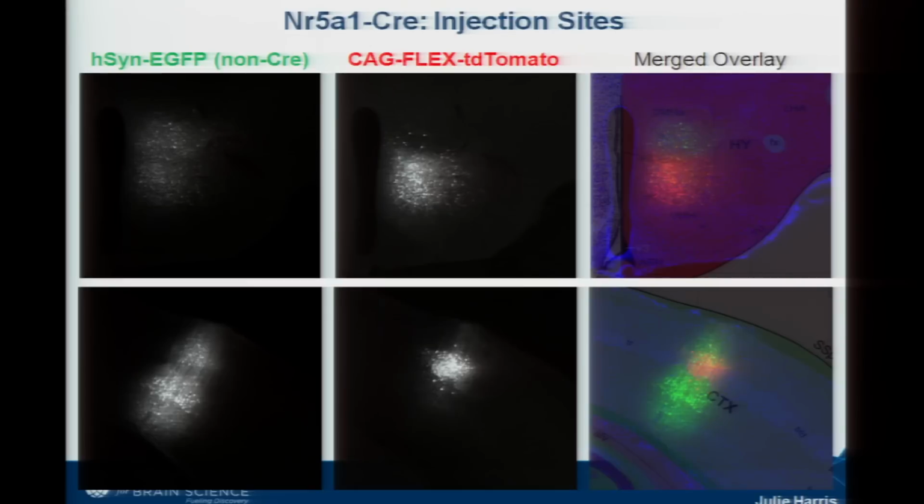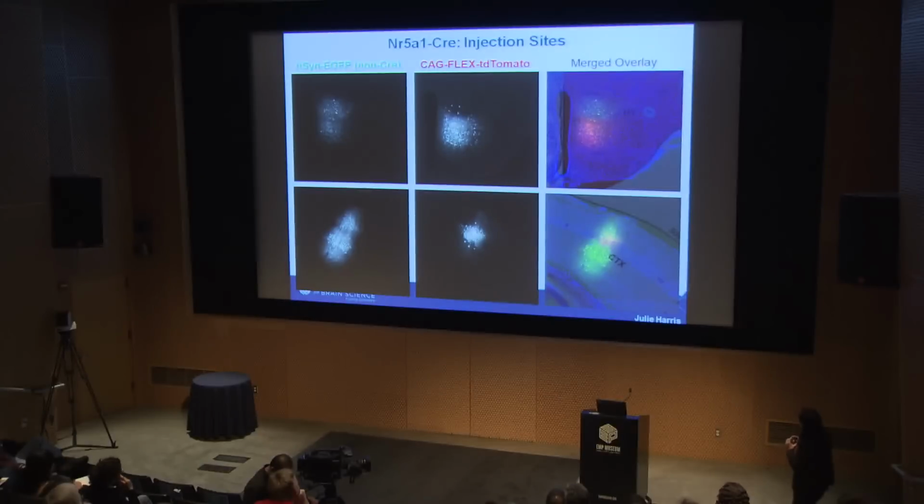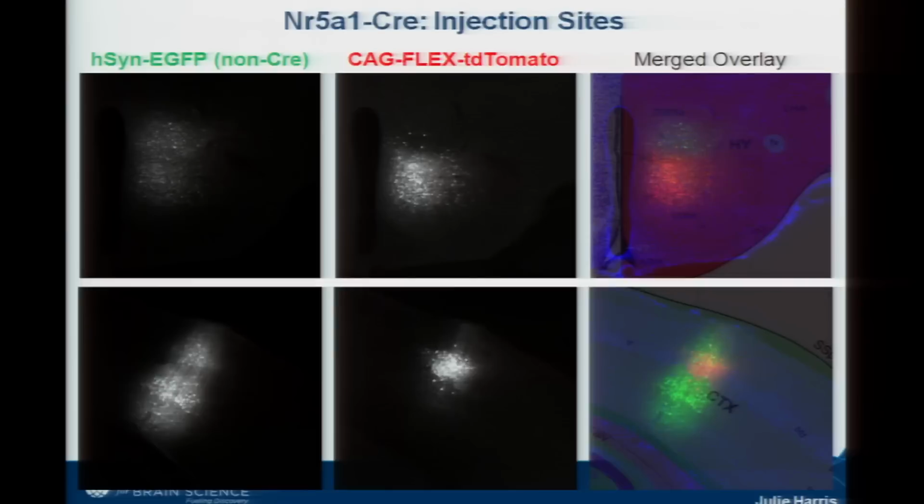The GFP green is the Cre-independent virus, and the red virus is the Cre-dependent. So you can see that even though this injection is very precise, targeted to the region, the Cre line is still able to confine the infection and expression of the viruses in this particular region, whereas the non-Cre-dependent virus would spill over into the neighboring nucleus.